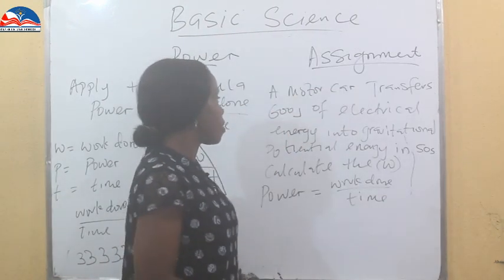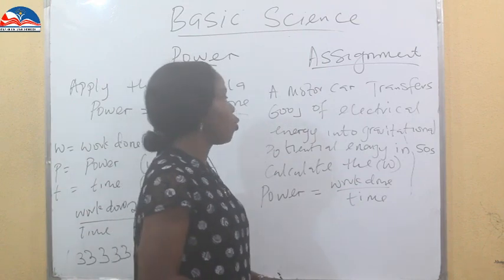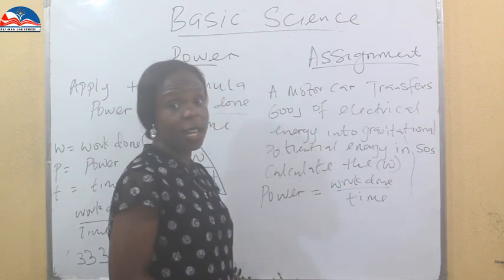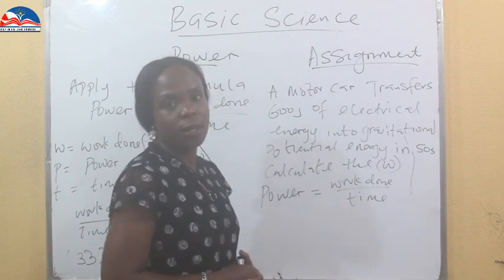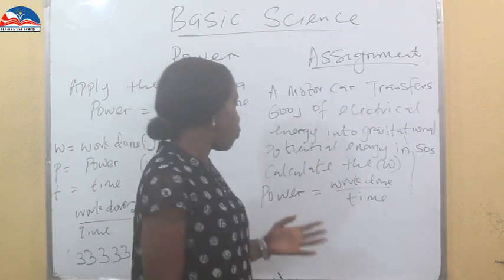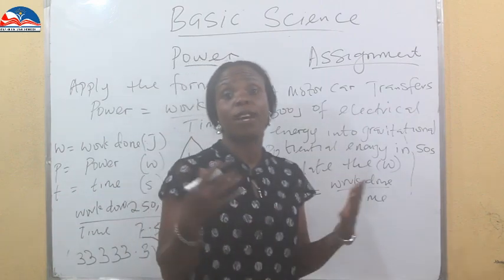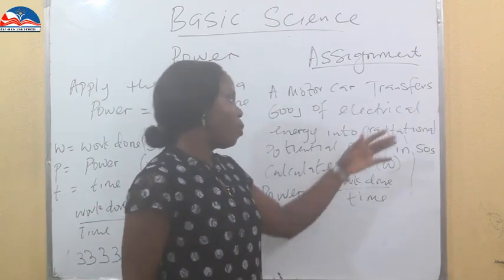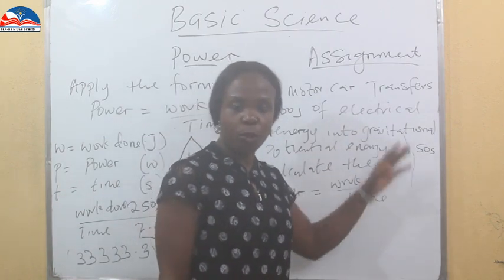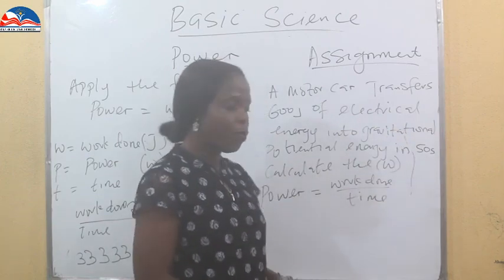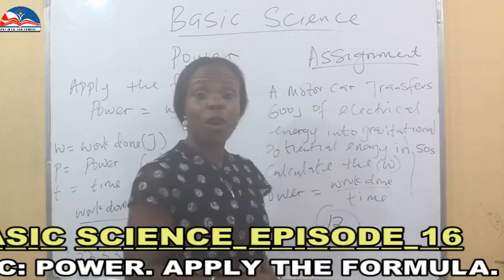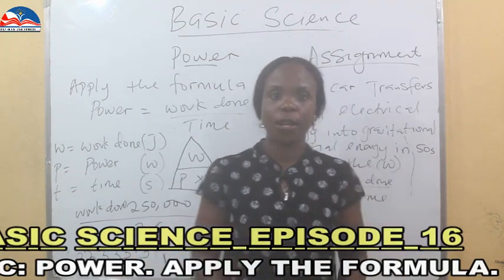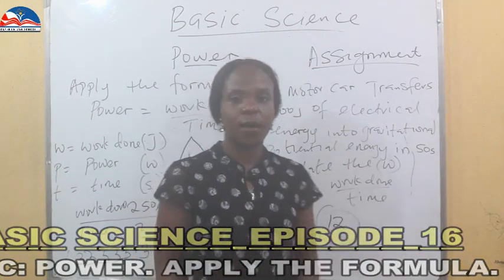A motor car transfers 600 joules of electrical energy into gravitational potential energy in 50 seconds. Calculate the watts. Just go to your formula, power, which is work done divided by time. Put your question into the formula. Your final answer is going to be 12. If you have 12 as your answer, you are correct. So please do this assignment.